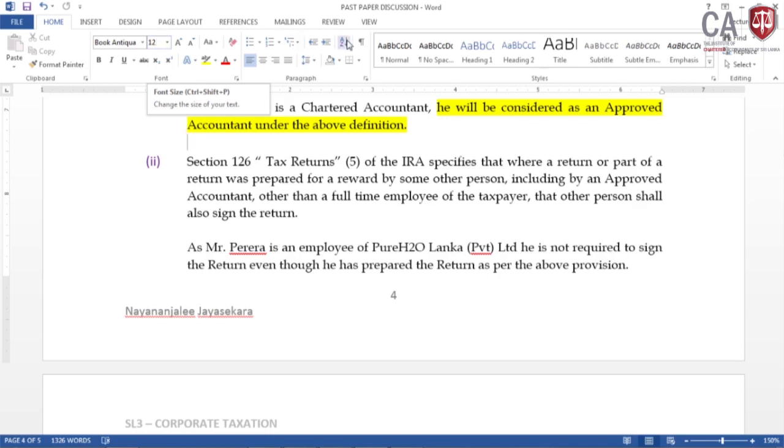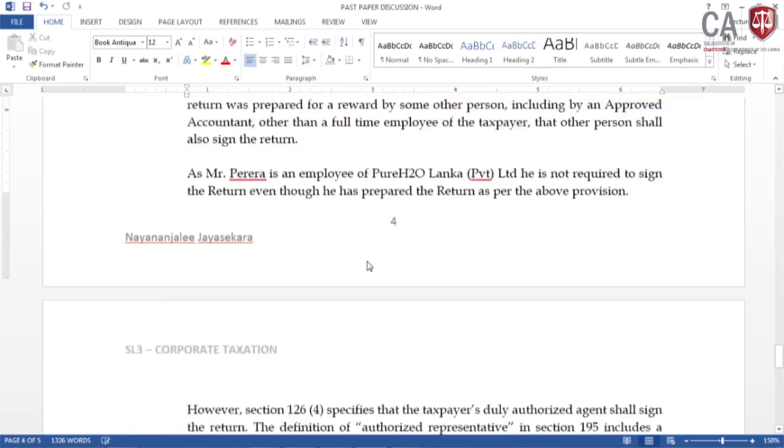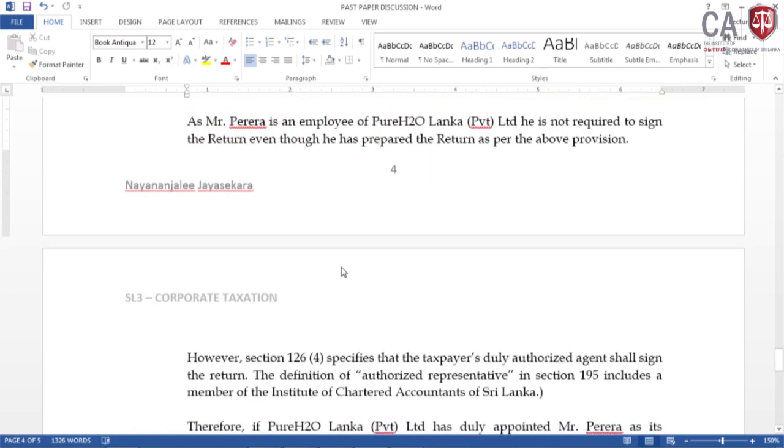If that person is a full-time employee, then there is no need to sign the income tax return. But again, under section 126 subsection 4, it is mentioned that if the company has authorized that person to sign the return, then that person has to sign.